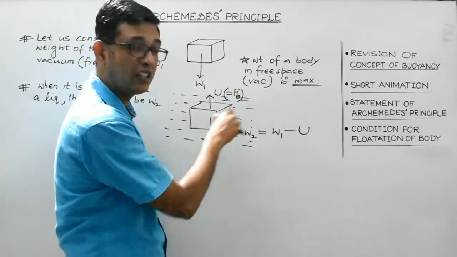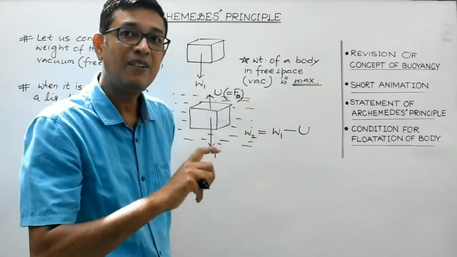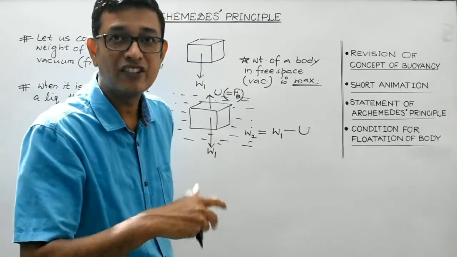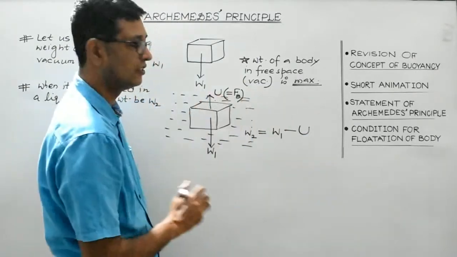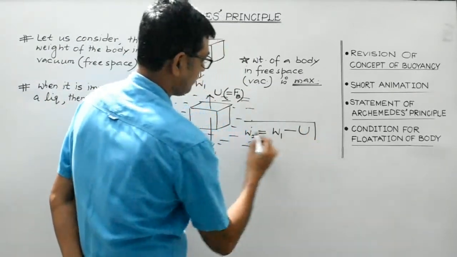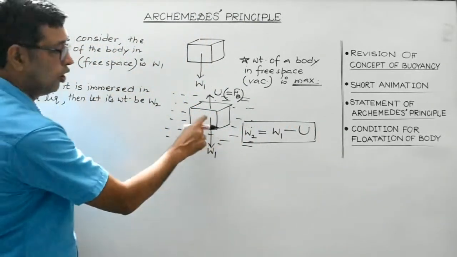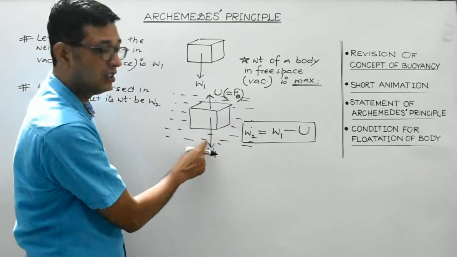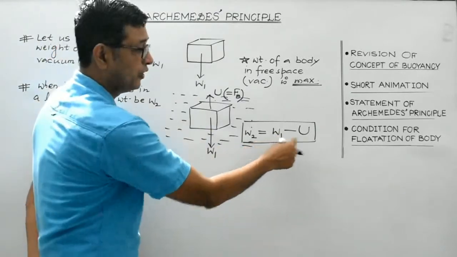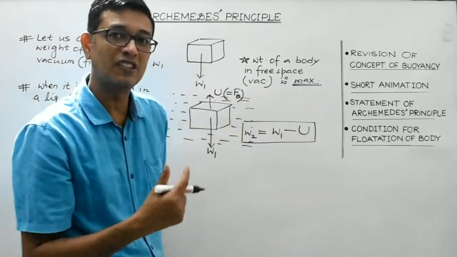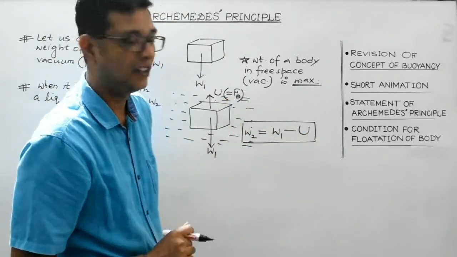So what will be its weight in the liquid? It will be 10 minus 2, that will be 8 Newton. It will get reduced, so that is what I have written over here, right? So the weight of the body inside a liquid is given by the difference in the weight of the body in vacuum and the upthrust or the buoyant force, right?